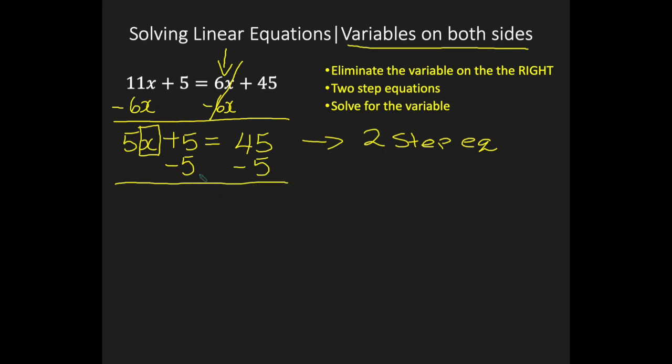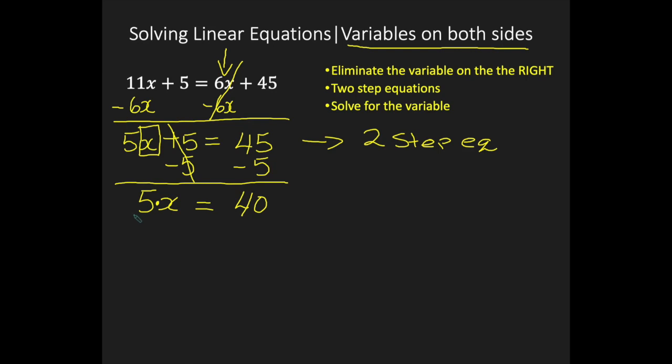I'm going to draw my line. This is eliminated. I'm going to bring down my 5x equals. When the signs are different, I subtract, which is 40, and keep the sign of the larger number, so it's a positive 40. Now the 5 and the x are married by multiplication.